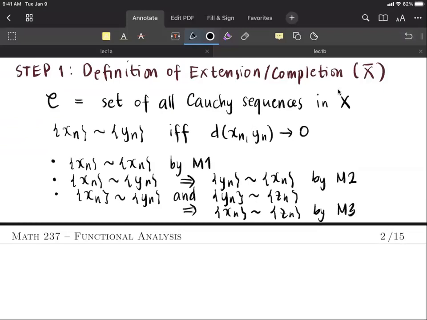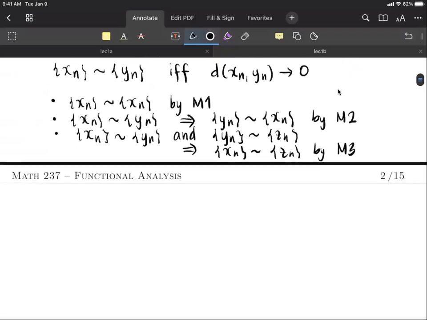These properties imply that we have an equivalence relation on C.